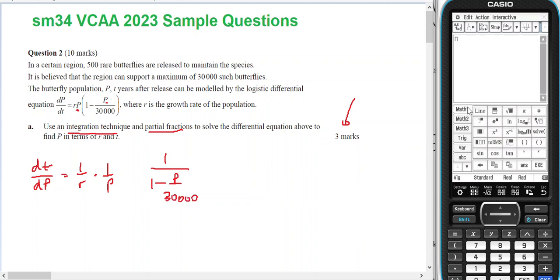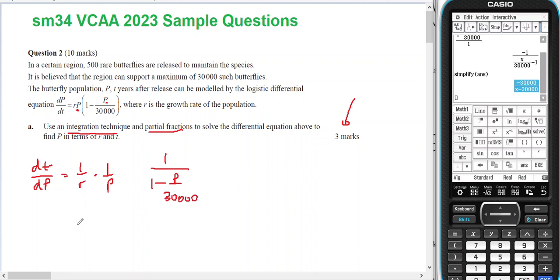And if I do fraction 1, and in the denominator do another fraction and do 1 minus fraction x on 30,000, for one on the bottom, and simplify the answer, I get that.